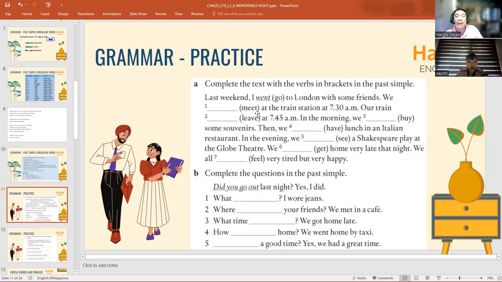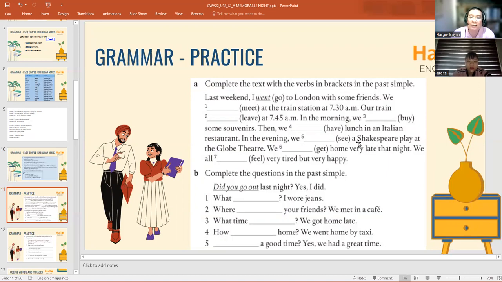We met at the train station at 7:30 a.m. Our train left at 7:14 a.m. In the morning, we bought some souvenirs. Then we had lunch in an Italian restaurant.